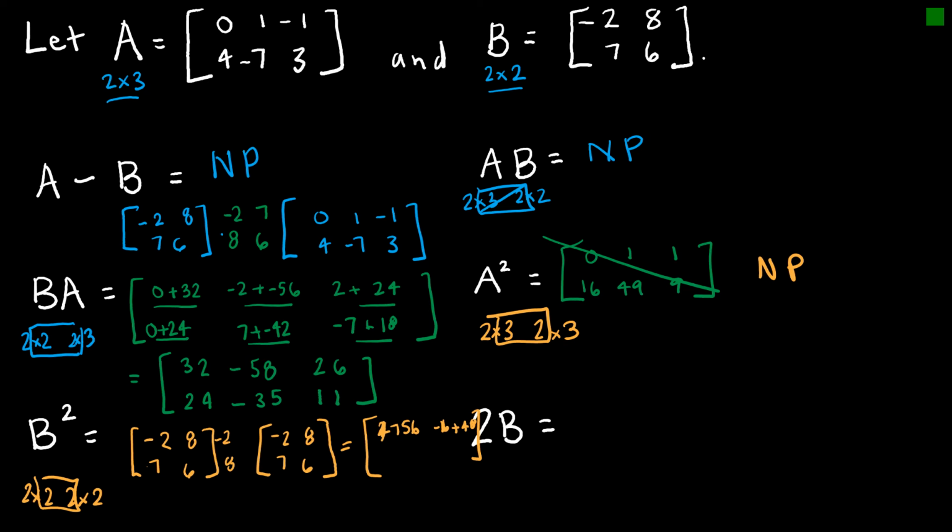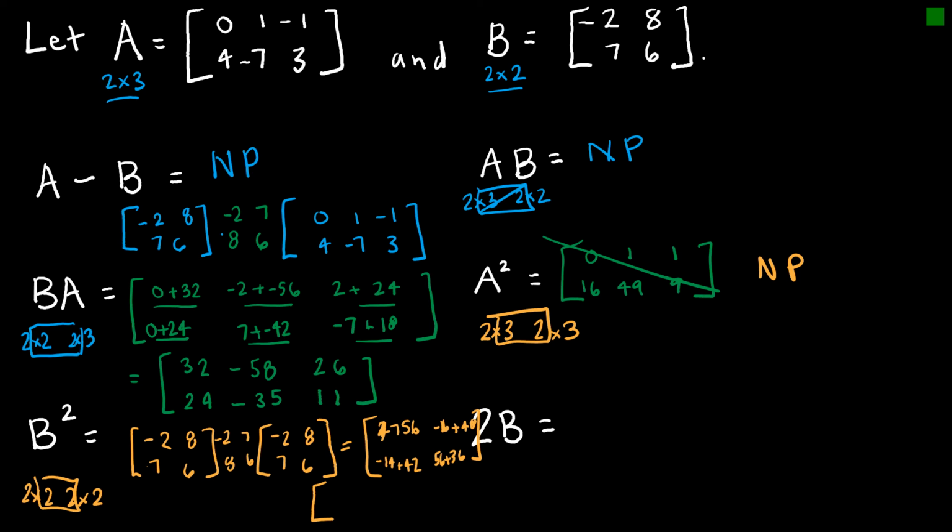I've got a new row, 7 and 6, to give me negative 14 plus 42, and then 7 times 8, 56, plus 6 times 6, 36.